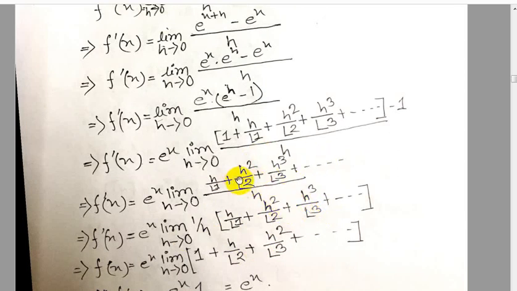Here actually what she did, she just eliminated this one and this one, as long as this is 1 minus 1, so she eliminated these two ones from here, and this function has become h divided by factorial 1 plus h square divided by factorial 2 plus h cube divided by factorial 3 plus so on.